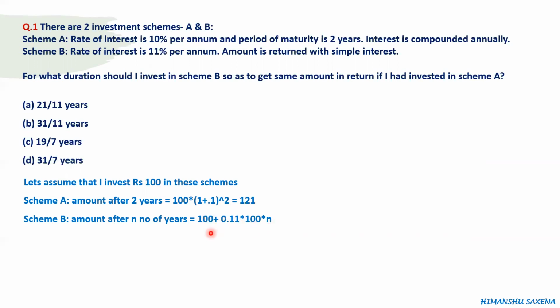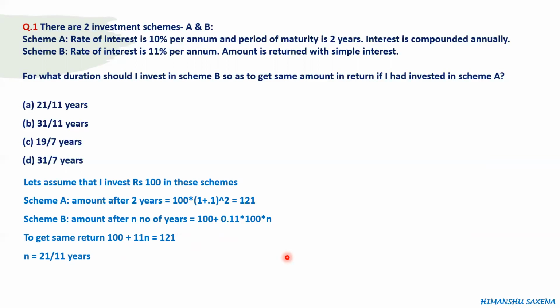Now this amount should be equal to 121, because we want to get the same amount in return as if I invest in scheme A. So 100 plus 11n, since 0.11 into 100 is 11, should be equal to 121. This gives the value of n as 21 by 11 years.